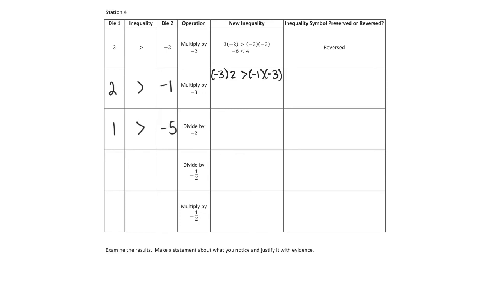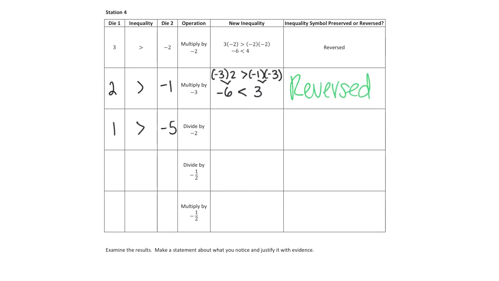So -3 times 2 is going to give me -6. And -1 times -3, a negative times a negative is a positive, so that's 3. I know -6 is less than 3. So now let's look at our inequality symbols. Did they change? Yes, they did. So we know that it was reversed.